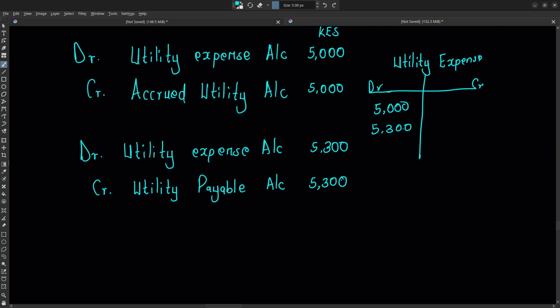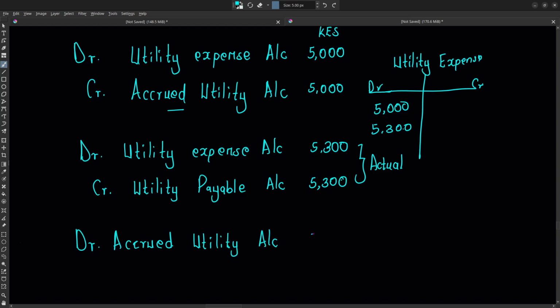So we need to reduce our accrued liability and also reduce the utility expense that we had recorded in the previous period, because we have now recorded the actual cost that we incurred. So we debit accrued liability. We are reducing it because it is a liability account; when you debit a liability account, you reduce it.